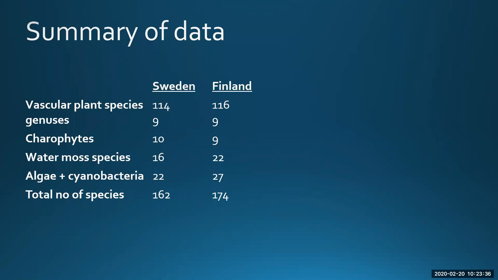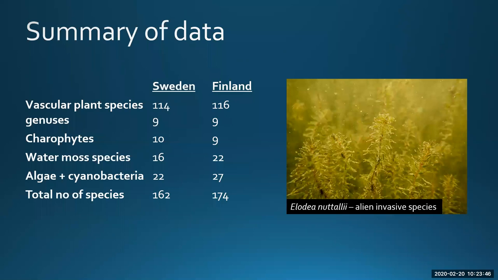However, there are some striking differences between our two countries. One of them is the presence of the waterweed, the Elodea nuttallii, which is classified on the EU level as an alien invasive species.